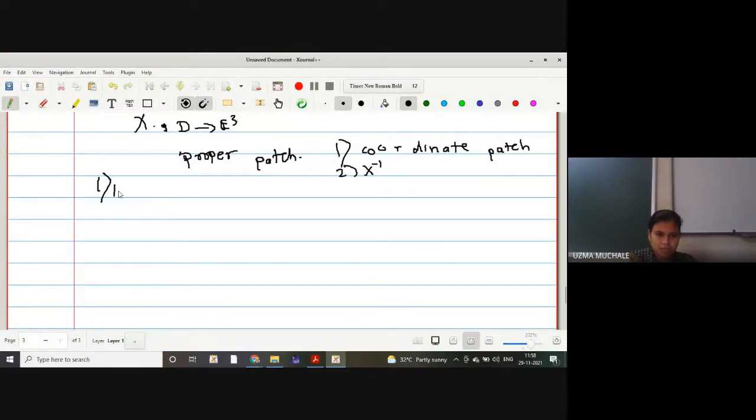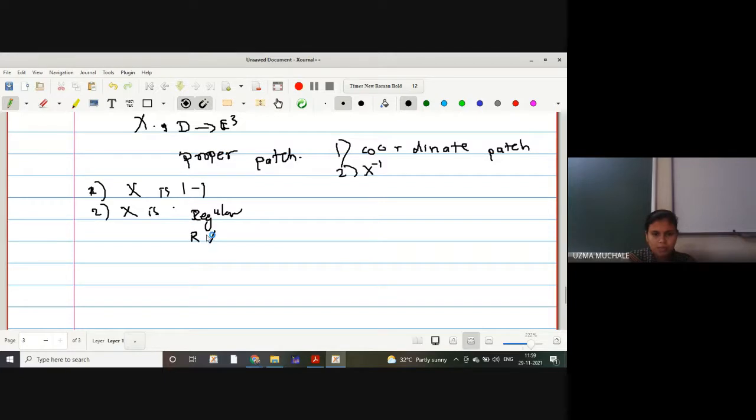First condition, it is 1-1. Second, it is regular. What is regular? Instead of saying it, we can say x is 1-1. Second, x is regular. What do you mean by regularity? Rank of the matrix is equal to the dimension of the domain, that is 2.